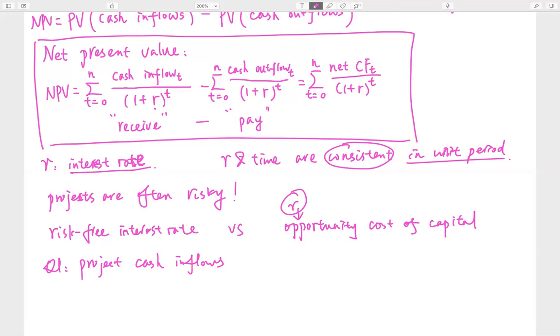This is not an easy task, right? I already mentioned. The second one is to estimate the cost of capital, or estimate R. Because once you invest in a project, the money is gone, right? Let's say if you want to invest in restaurant business, you need to buy a restaurant, right?